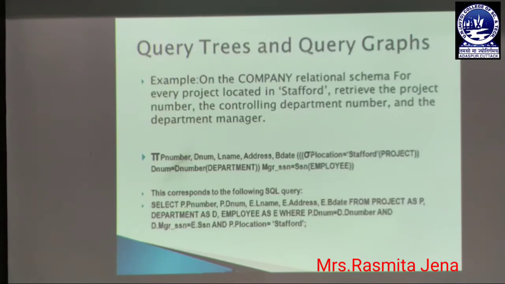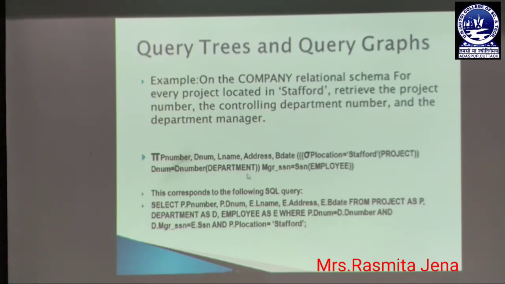You can see the first condition, that is sigma P location equals Stafford from project. That means from the project table we will retrieve the tuples whose project location is Stafford, and from that we will get the D number, and we compare this D number with the department D number and get the tuple.